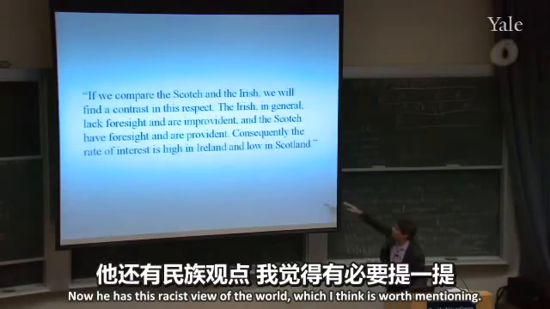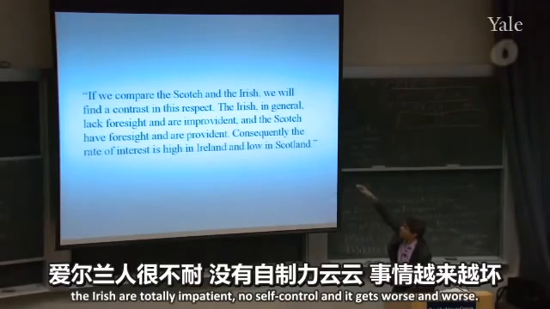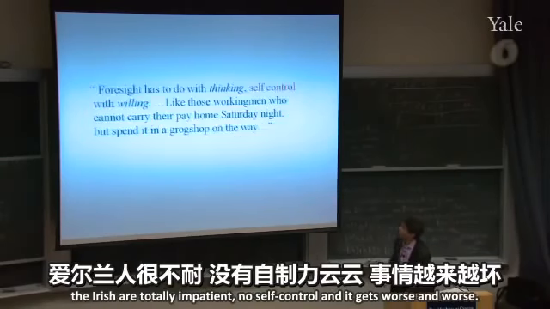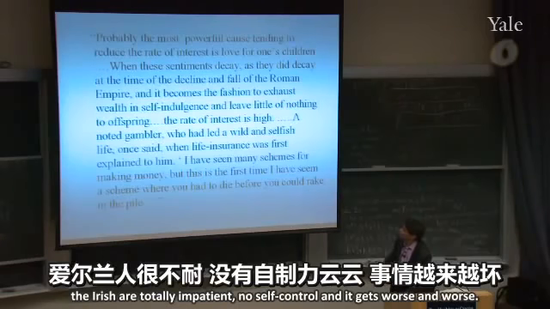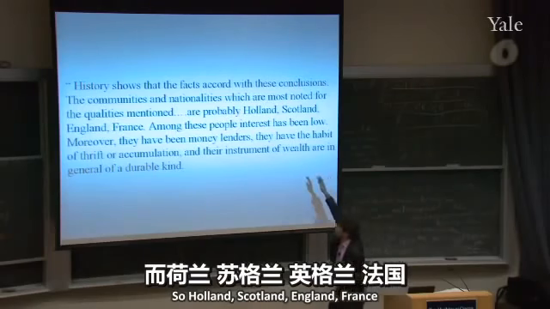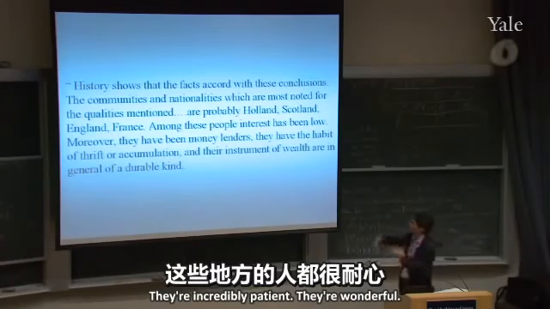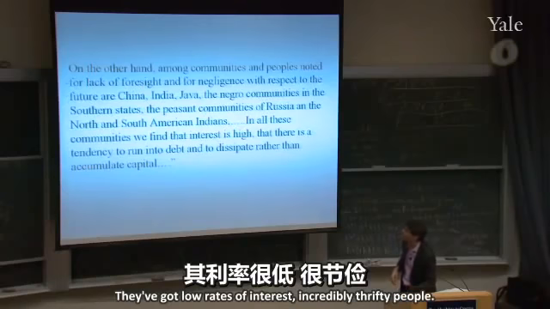And now he has this racist view of the world, which I think is worth mentioning. So he compares the Scotch and the Irish. The Scotch are patient, the Irish are totally impatient, with no self-control, and it gets worse and worse. I can't show you all this. Holland, Scotland, England, France, these are all the places his family was probably from. They're incredibly patient, they're wonderful, they've got low rates of interest, incredibly thrifty people.